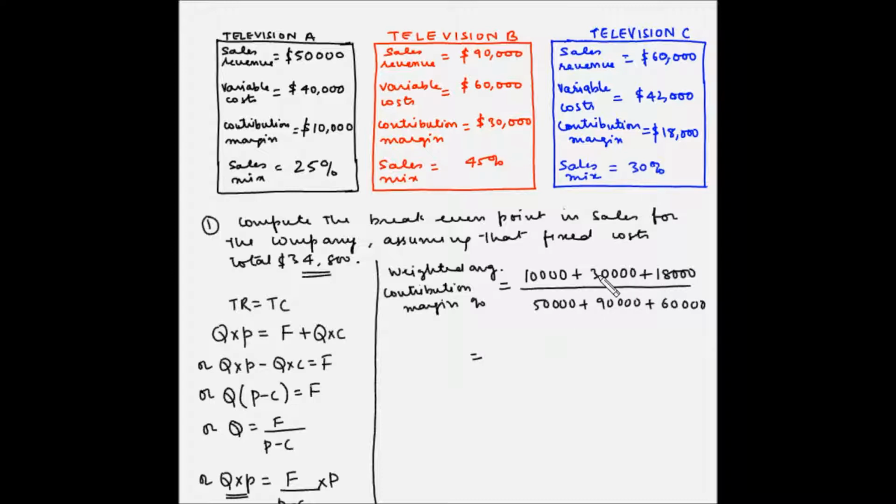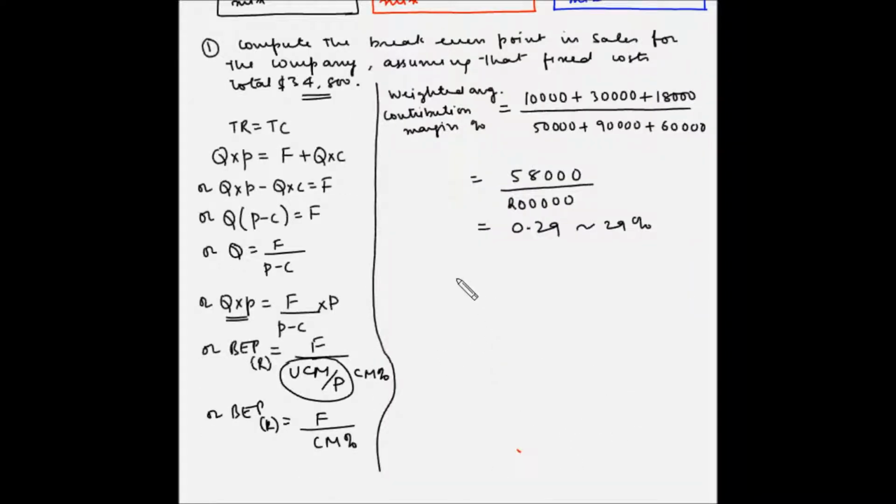So 18 plus 30 plus 10 is 58. So 58,000 divided by 90 plus 60 is 150. 150 plus 50 is 200. So 200,000. So this becomes 0.29, or in other terms it is 29%. So now we can use this in the formula for break-even point.